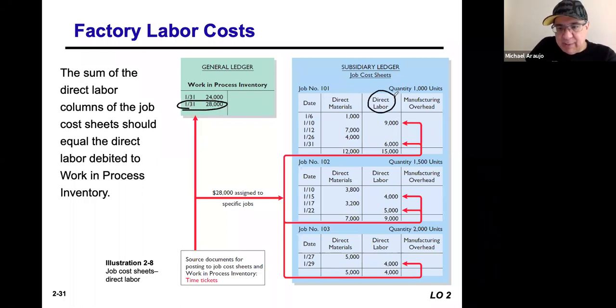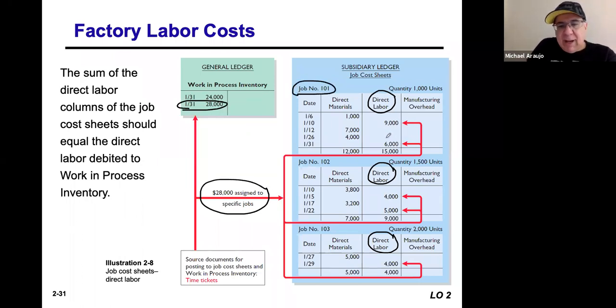Labor is that second column of these job cost sheets. So now we have to assign the specific $28,000 to each job. Job number 101 had labor costs of $9,000 on January the 10th and $6,000 on the 31st.